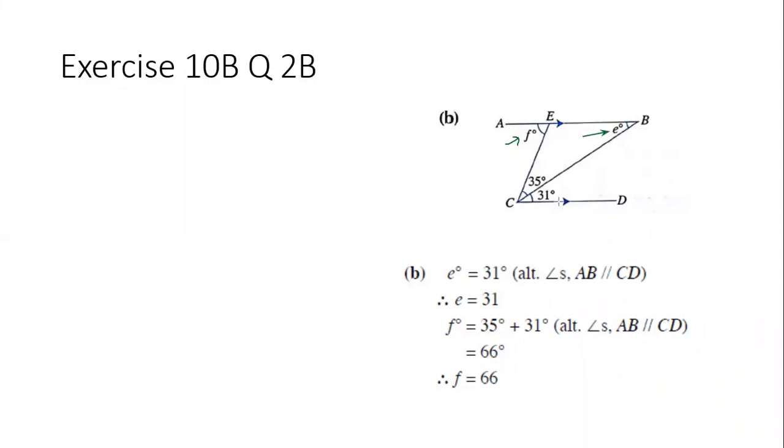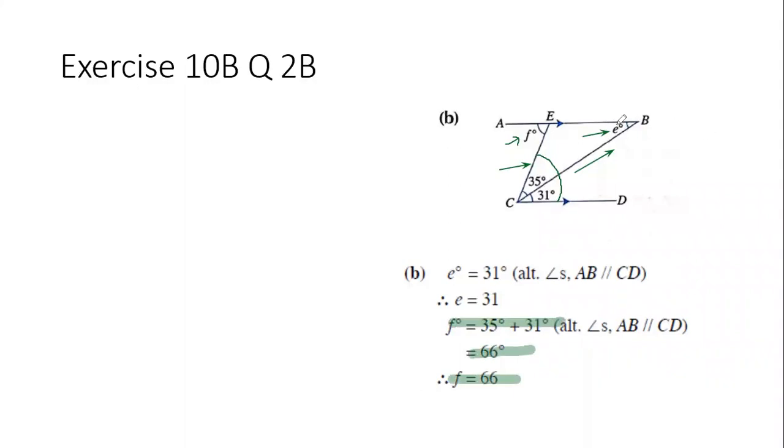This line is actually a line which is intersecting both AB and CD, and it intersects AB and CD at this point. So from here we can say that this F is actually an alternate angle to this one. So to find the value of F, you just need to add 35 plus 31, and that's your answer here.